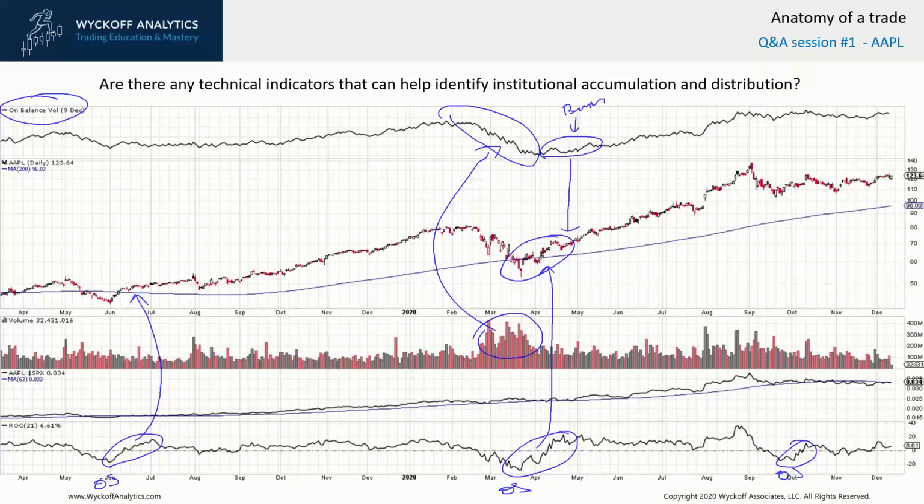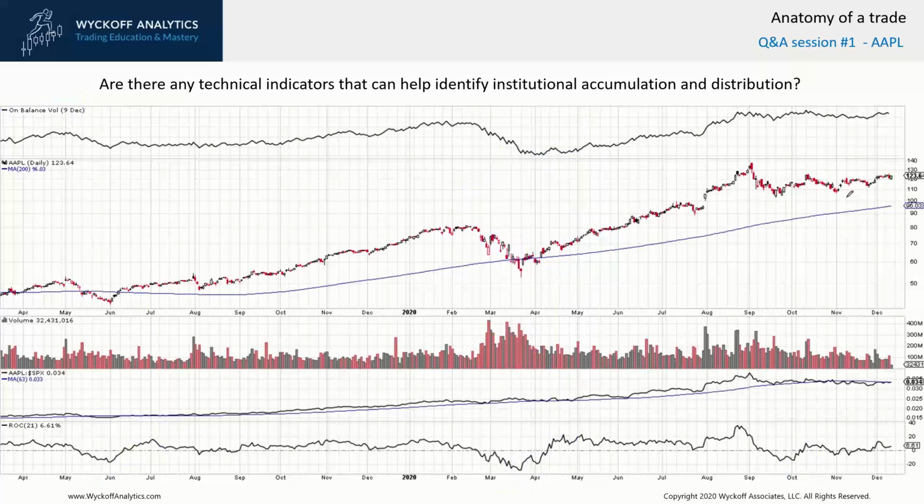And looking at the price, we see that the price is going up, extending up. Therefore, our bias is going to be to the upside, and we are in a period of some kind of accumulation. So these are the primary tools that I would suggest for you to use: on balance volume, the relative strength ratio line as a must, and something on the momentum like a rate of change.